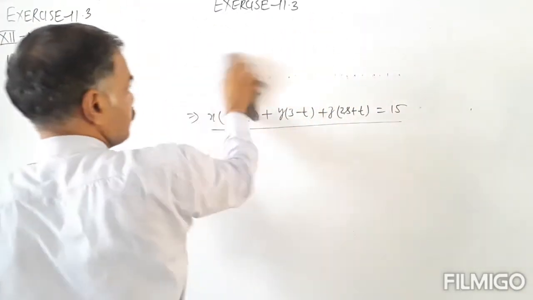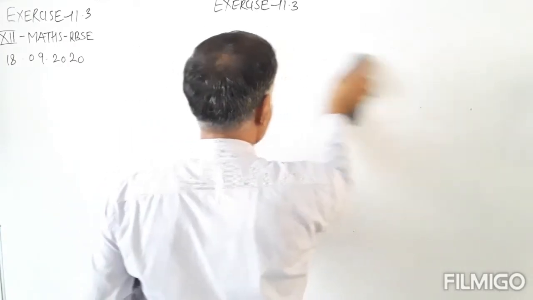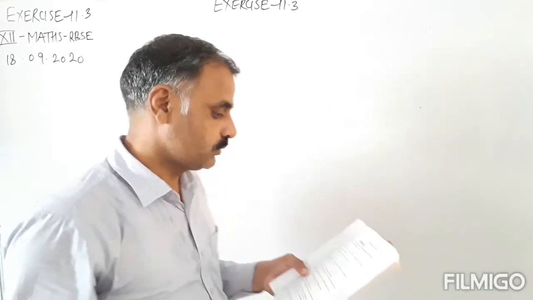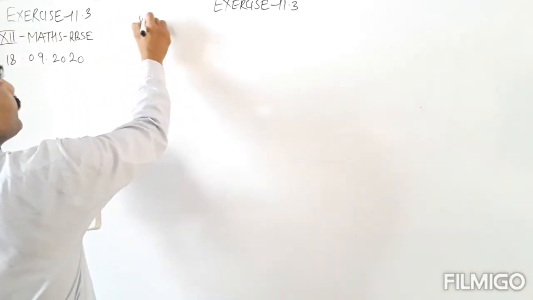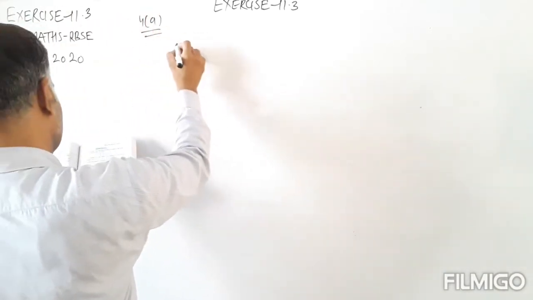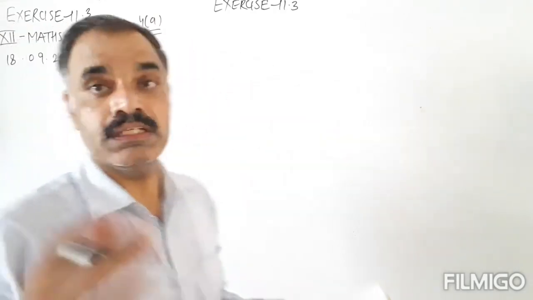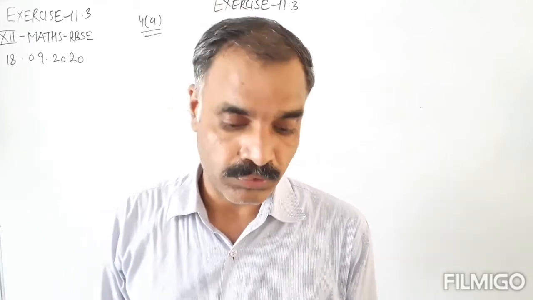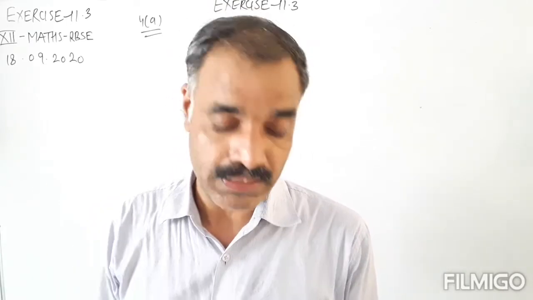Question number 4 is also an important question from the examination point of view. So we will take the first part of this question. I am reading the question. In the following cases, 4 cases are given, we are taking only one case.